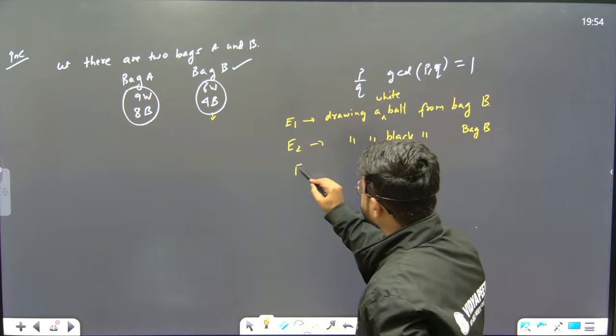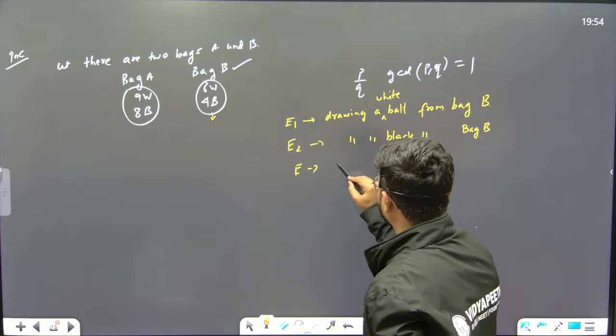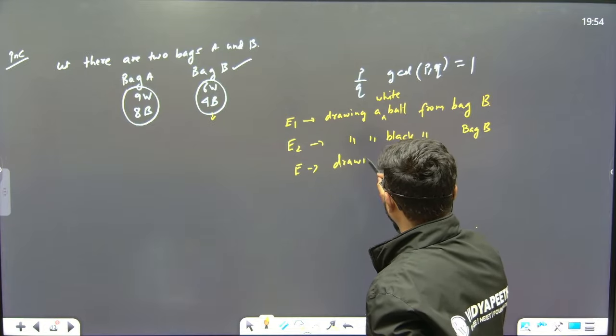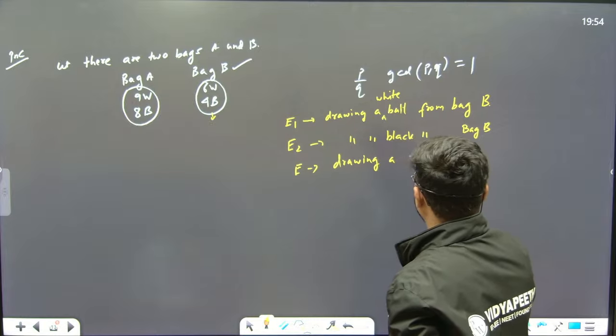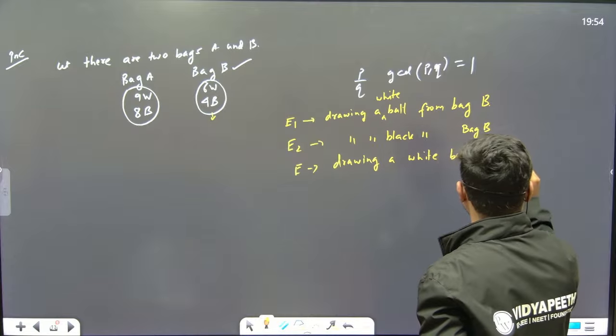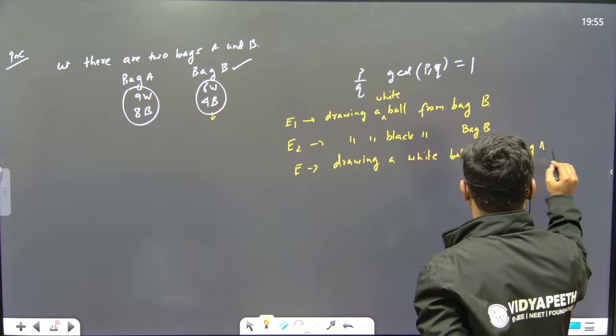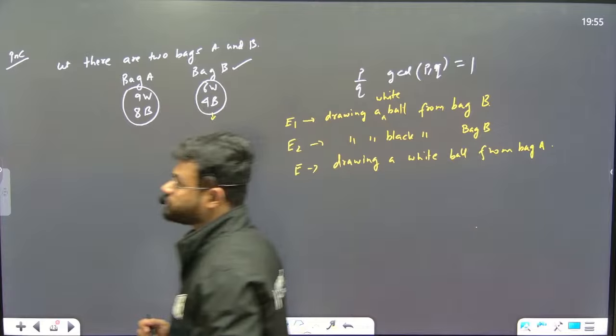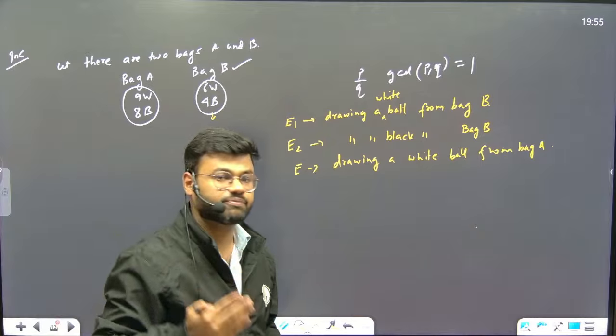And then E I am considering as the event of drawing a white ball from bag A. So I think all of you have understood this question is based on conditional probability.